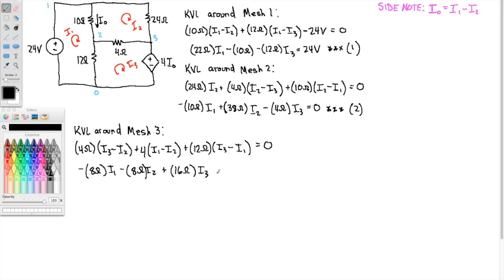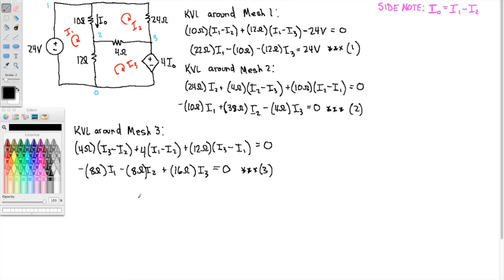There are no constant terms there, so that equals 0. And so this is equation 3. Now, if you like, you can simplify your equations a little bit more. In equation 3, we can divide by 8. In equation 2, we can divide by 2. Equation 1, we can divide by 2 as well.